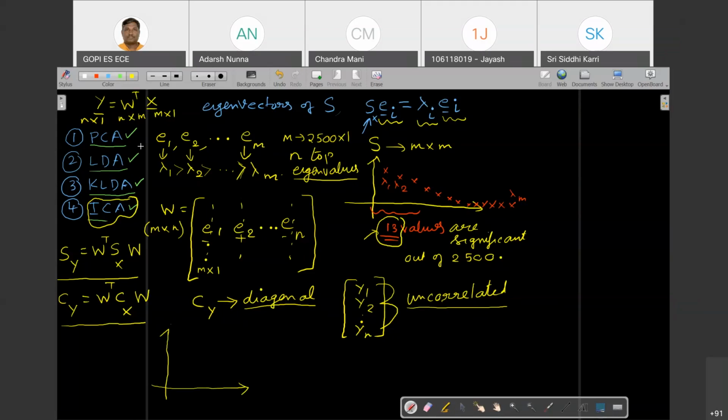With reference to this x and y coordinate, these data vectors are represented.